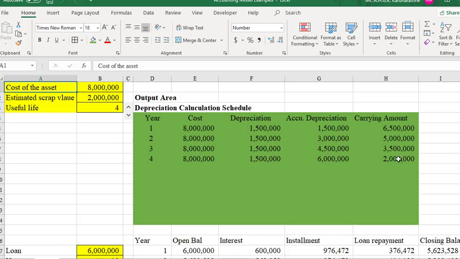For example, if this value is greater than 500 or less than 5 million, we can highlight it through Excel formatting. So accordingly, we can creatively prepare our accounting model to provide more attractive, more supportive information to the information users.